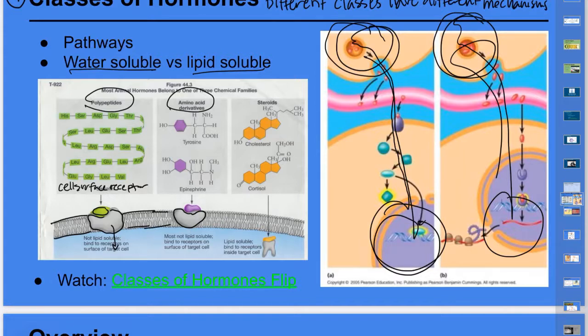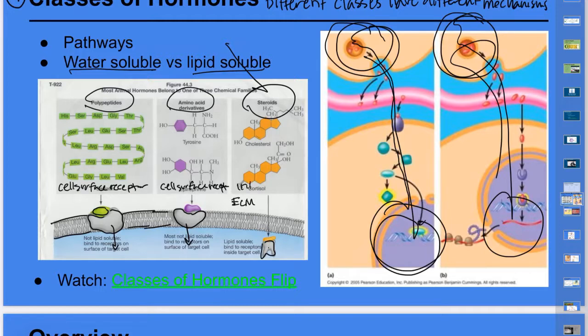Same thing here for the peptide hormones. These, also called amino acid derivatives, are just even smaller, but they don't have entrance either. So they also have a cell surface receptor. The signal itself activates that receptor, and then that signal is relayed inside, but the actual signaling molecule stays on the outside.